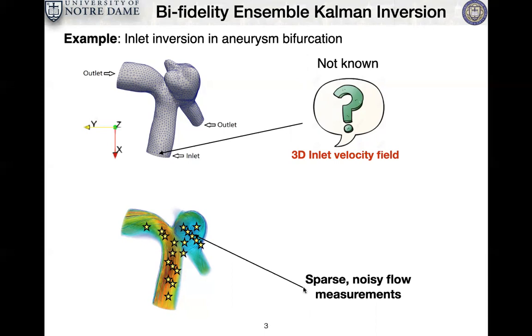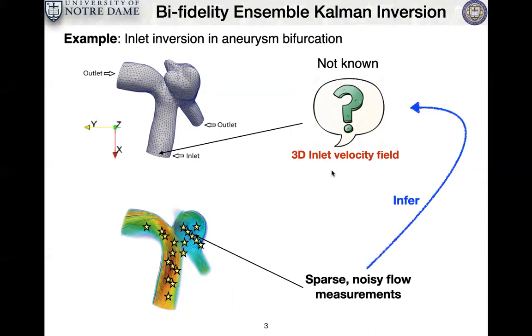It can give velocity magnitude in all directions in the flow field. The problem is, how do we incorporate the sparse noisy flow measurements with our CFD forward model so that we can give a prediction of the 3D inlet velocity field?